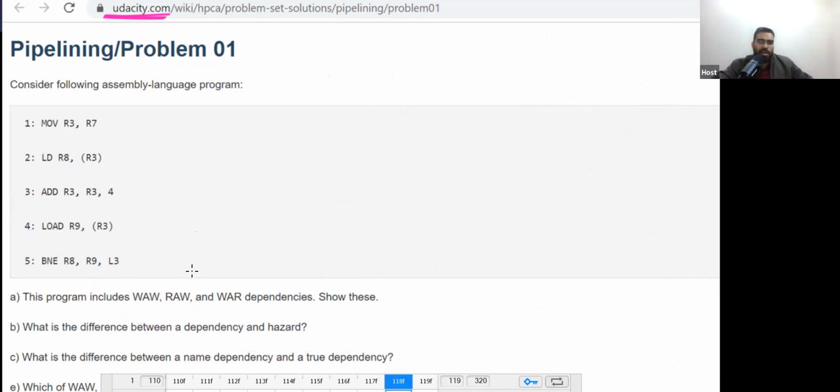Now you tell me about WAW dependency. What about WAW dependency? You can notice that there is a WAW dependency between 1 and 3. Okay, what about the next?